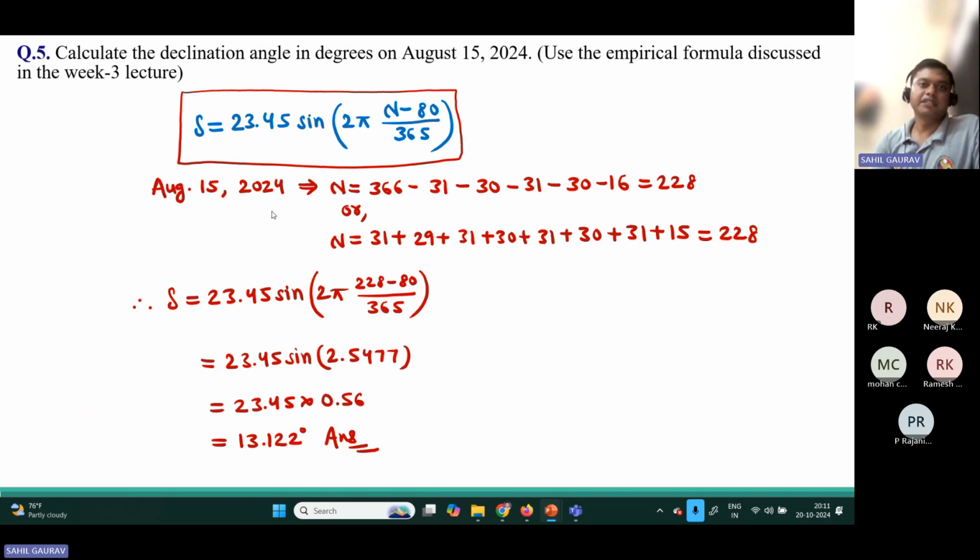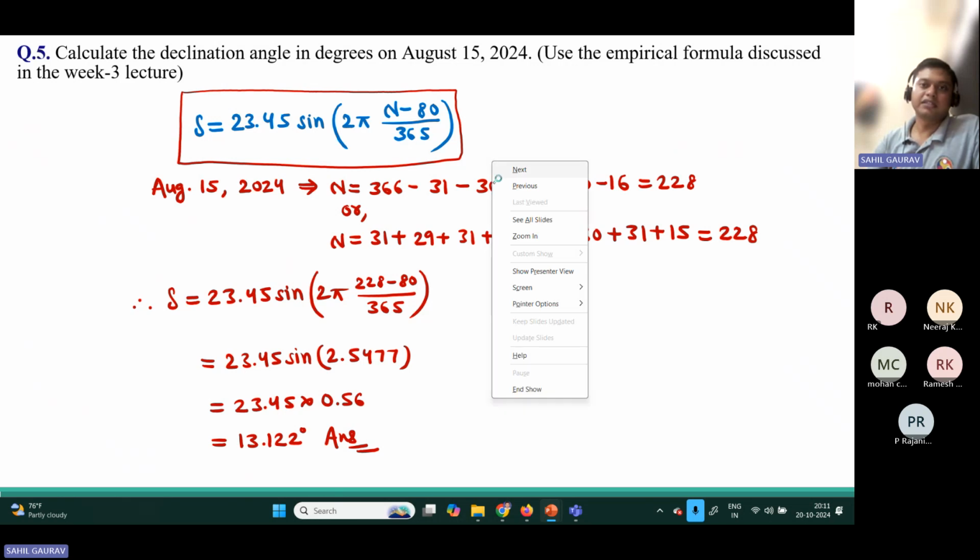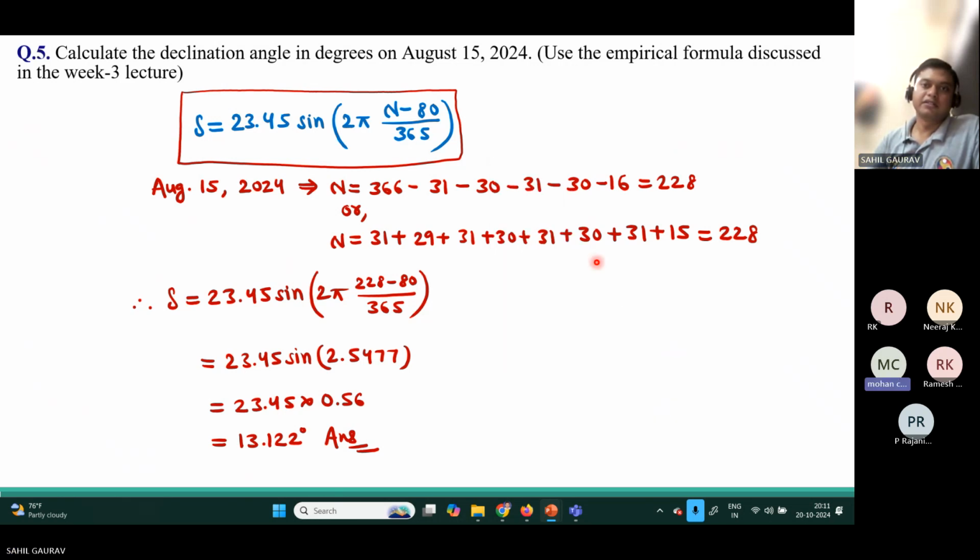And for August 15, you can either calculate from the back of the year, or you can calculate from the starting of the month, starting from January. From the back side, you have to subtract from the number of days.